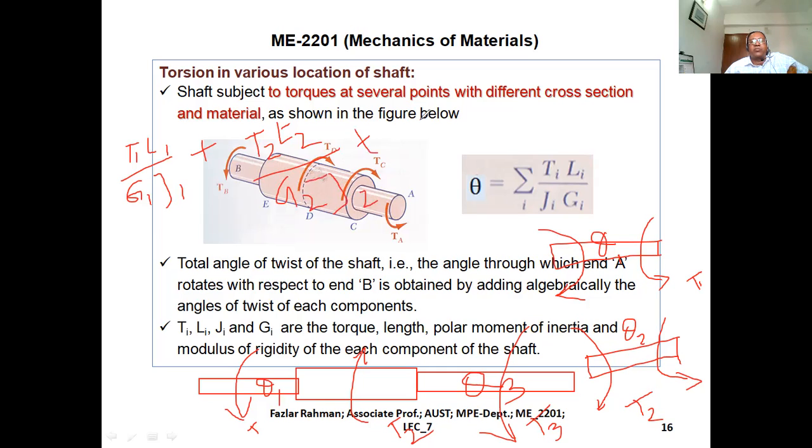Similarly 3, 4, whatever you have. And the resultant angle, I know the theta. So for this theta, they write down a single formula: theta equals the sum of Ti Li divided by Ji Gi. And we'll solve some problems related to this formula, then it will be more clear to you. Okay.